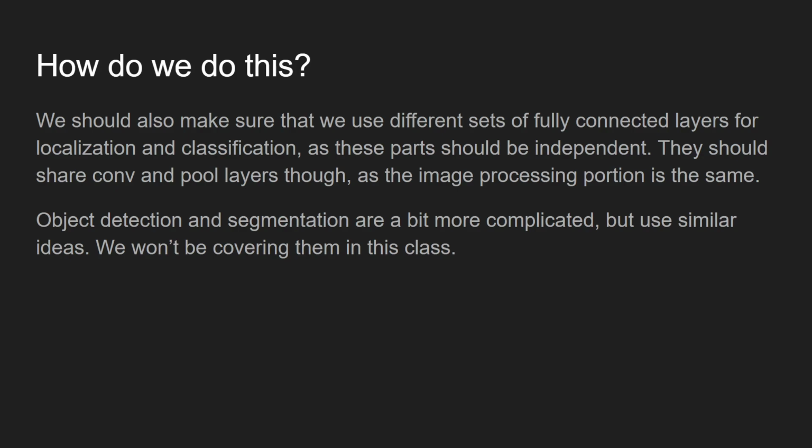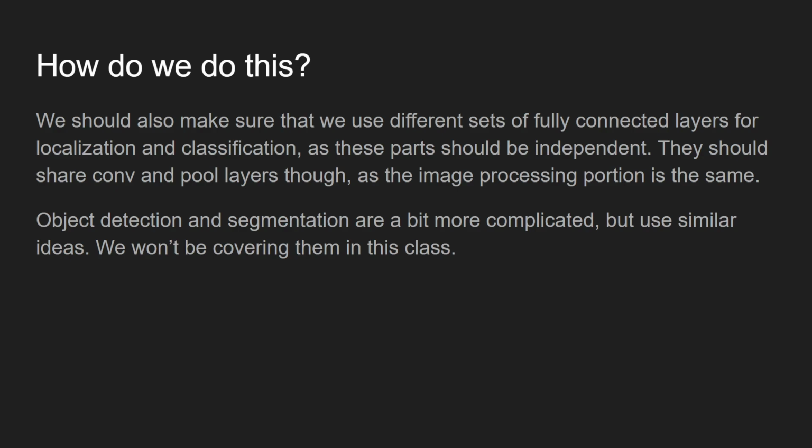So we have our fully connected layers for localization and classification. We want to keep these parts independent. When we're doing our final thing, when we have our heads there, instead of having two hidden layers and then one final output layer, we're going to have 2 hidden layers and an output layer for each.